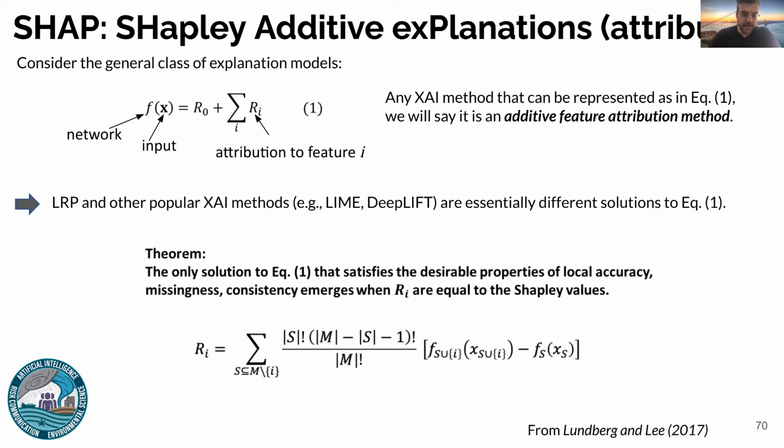This theorem says that the only solution to equation 1 that satisfies the desirable properties of local accuracy, missingness, and consistency, and I don't have the time to go through the details of these properties, but essentially they are required in order for the explanation to be consistent and for us to be able to use it to interpret the model, is when the attribution values are equal to the Shapley values.